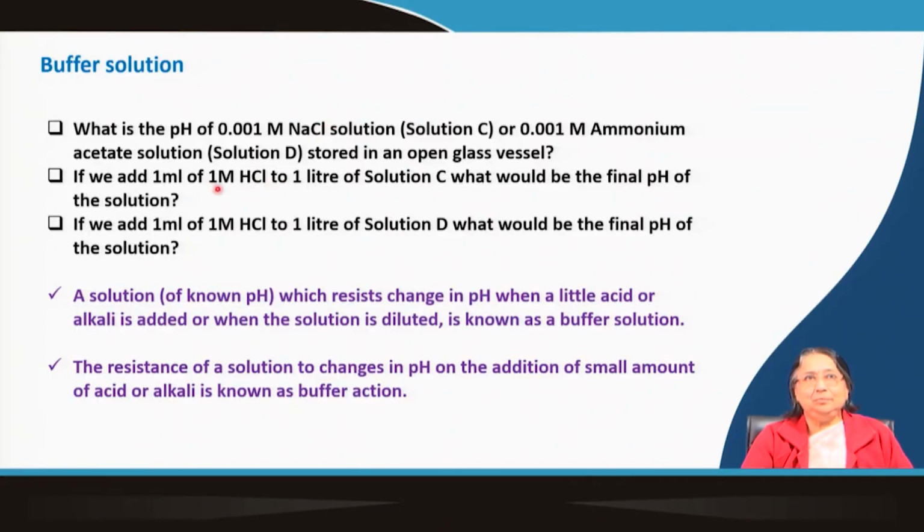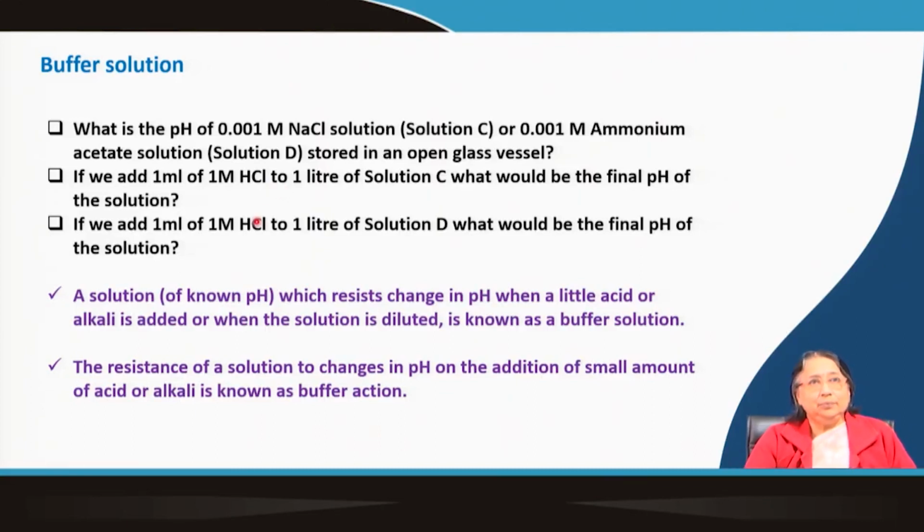It is easy, because 1 milliliter of 1 molar, now it is 1 liter. So, volume is increased 1000 times, and so concentration will decrease 1000 times. So, now the HCl concentration will be 10 to the power minus 3, that means pH will be 3.